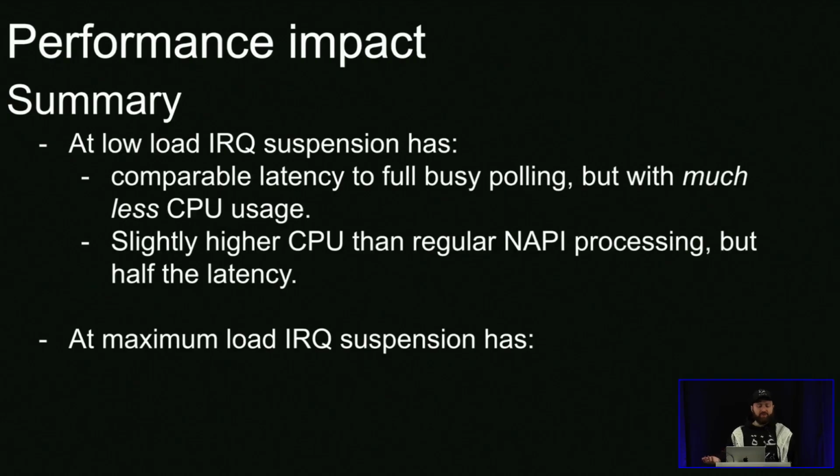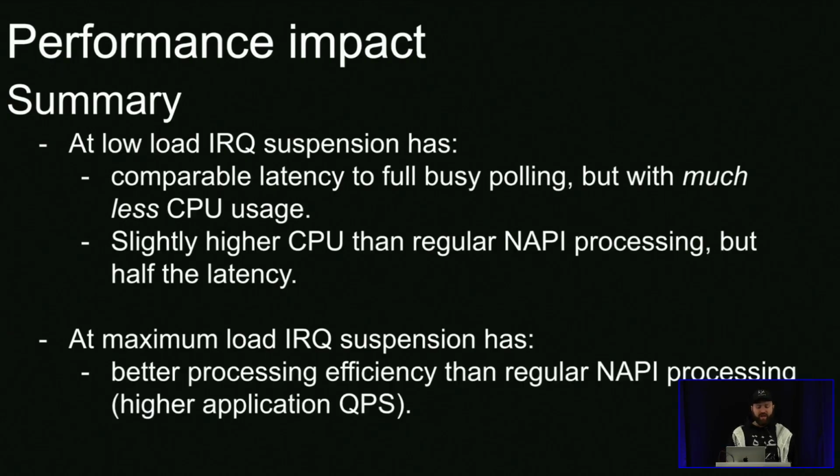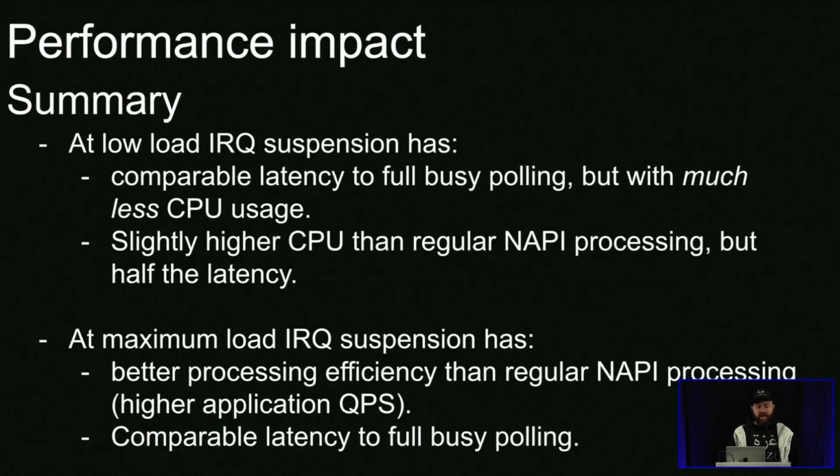And at maximum load, interrupt suspension has better processing efficiency than regular NAPI processing, so you get higher application queries per second. And you get comparable latency to full busy polling. So those are the results of us testing IRQ suspension.